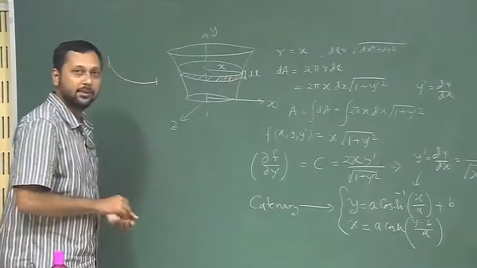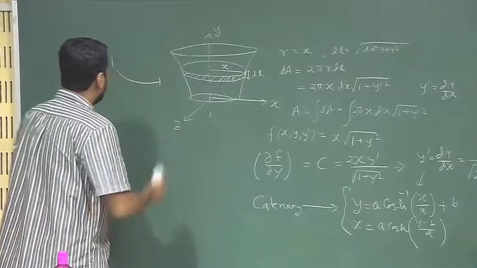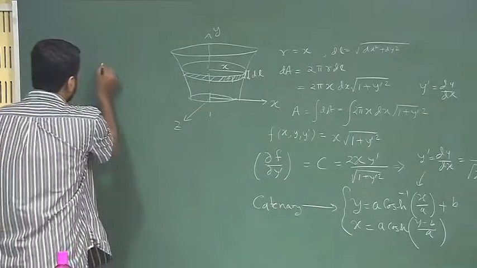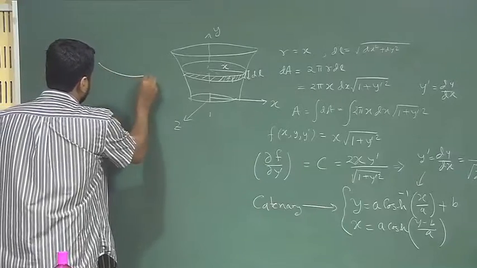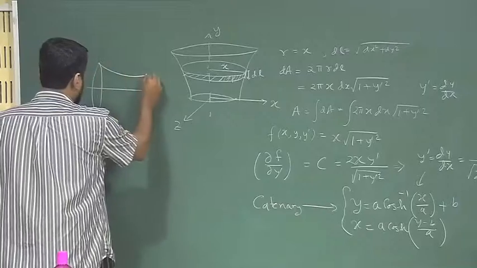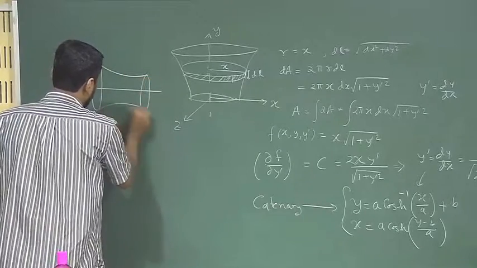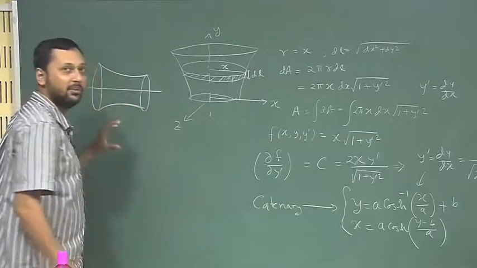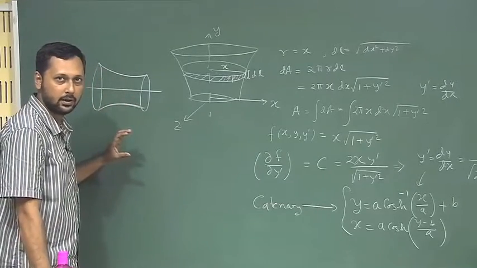The same problem can be solved in a horizontal geometry as well. We can just take the chain like this and try to rotate it, and it can be shown that even this surface area will be minimal. Okay.